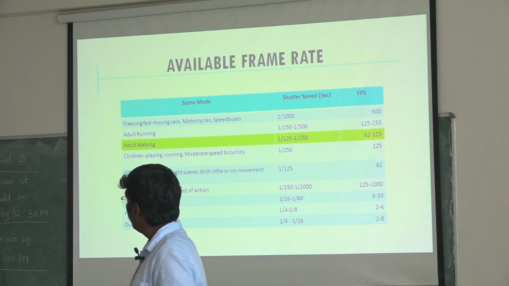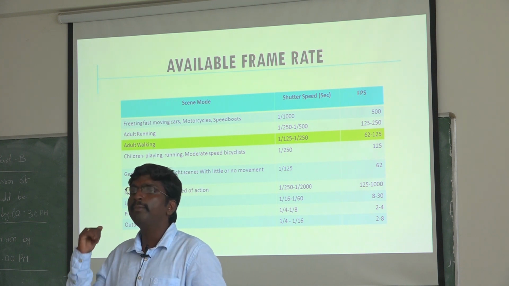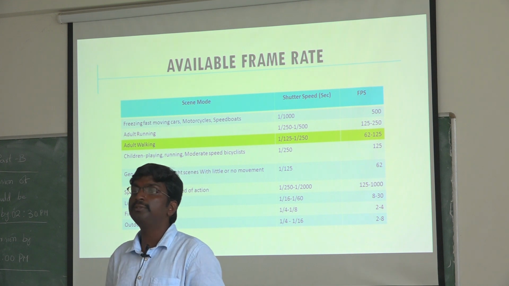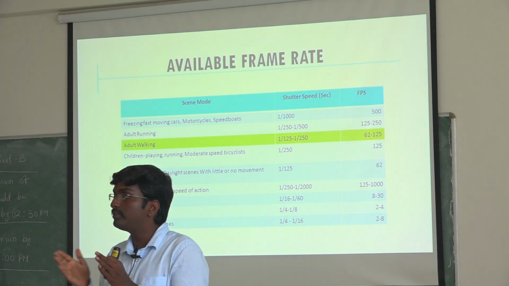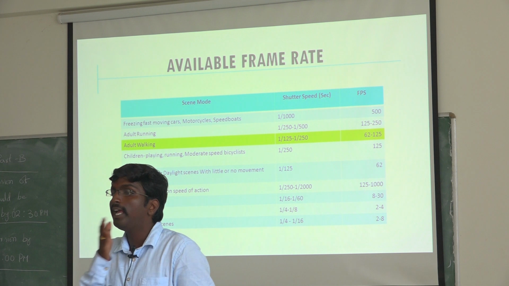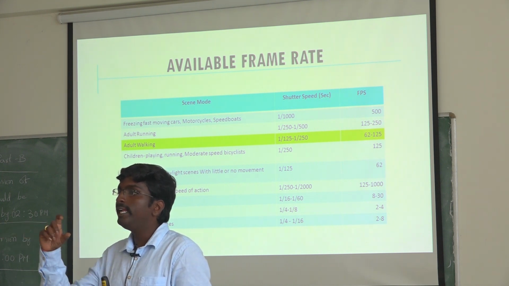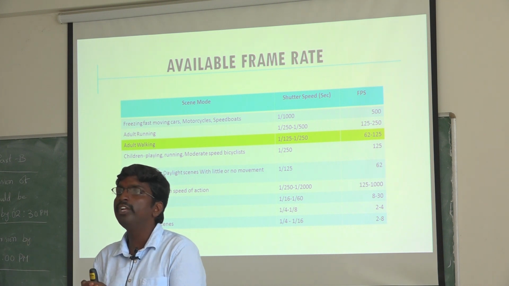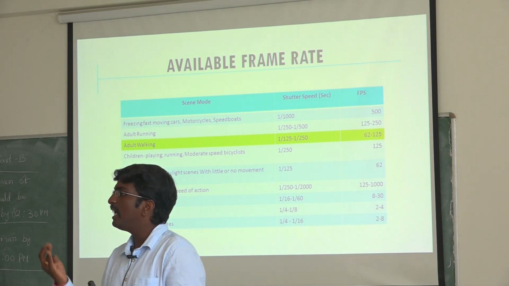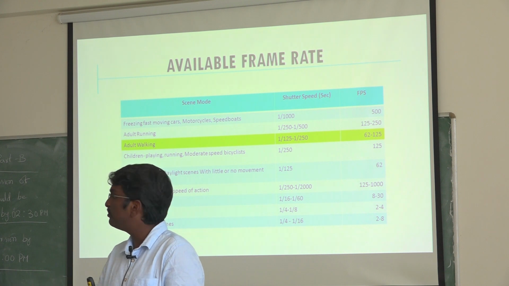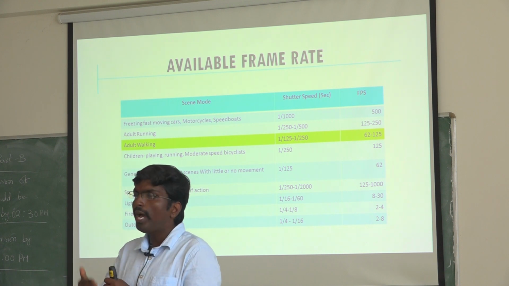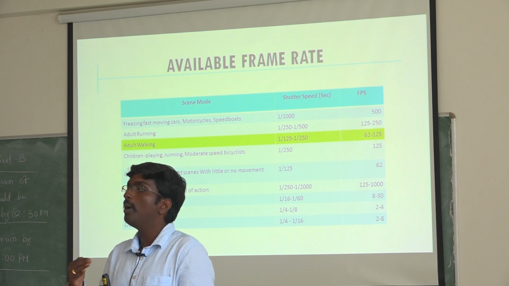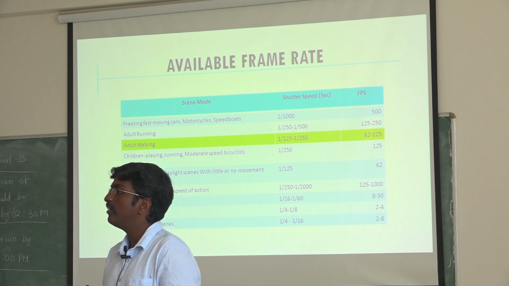If it is a fast moving car and my shutter speed is 1/1000, it means 500 frames per second, then only can I capture the car properly. Otherwise a blurred image will result. Normally any camera, when you capture something moving very fast, it will be blurred. We can't see whether it is a car or bike or something else. So it should have a minimum of 500 frames per second to get the proper information inside the video.